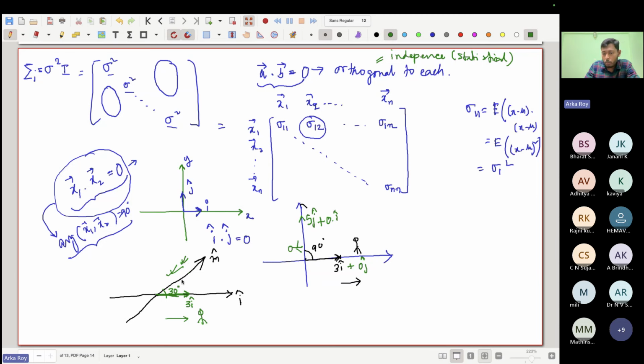Due to movement to 3 i cap, will there be any effect in the other axis or not? I mean, are you able to relate to any sort of vector algebra concept?